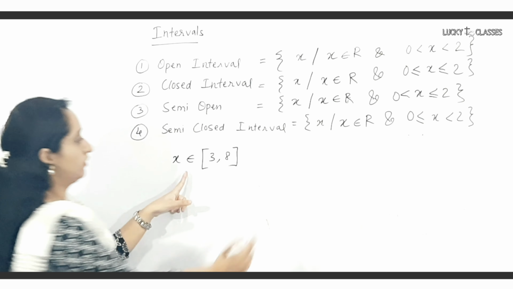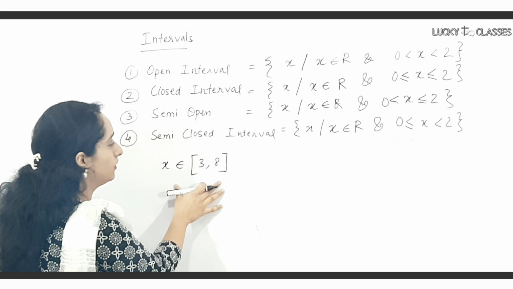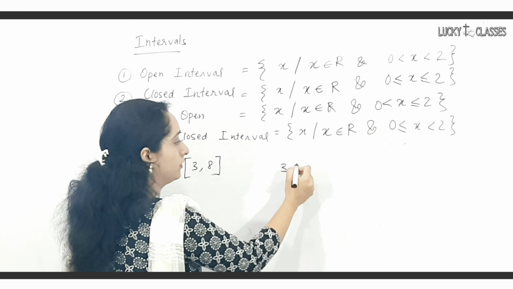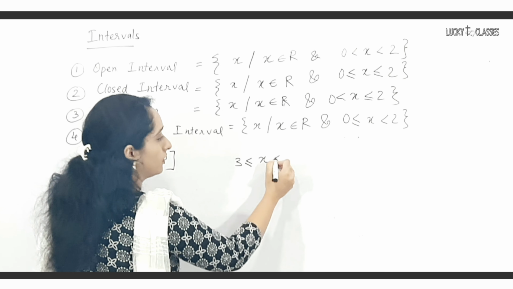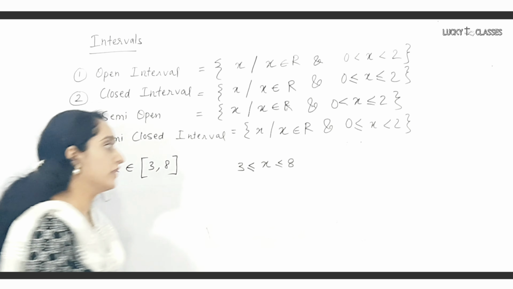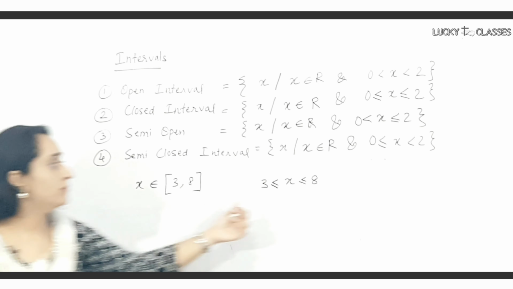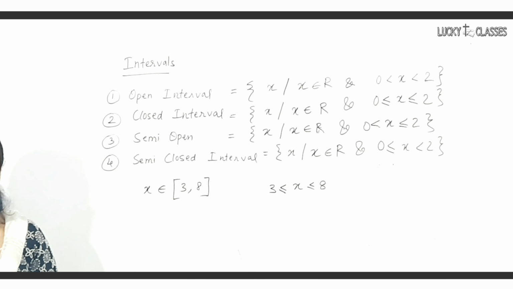Ma'am, x such that x is a real number, and 3 less than equal to x less than equal to 8. Perfect, good. So x can take up values 3 and 8, and obviously x can take any values between those 2 values.